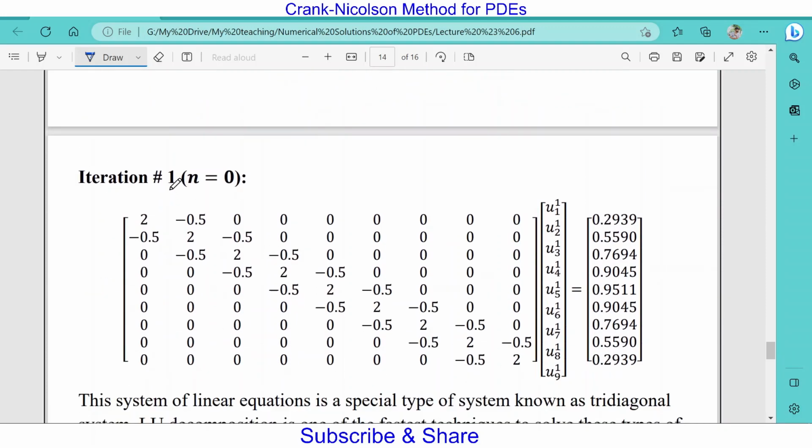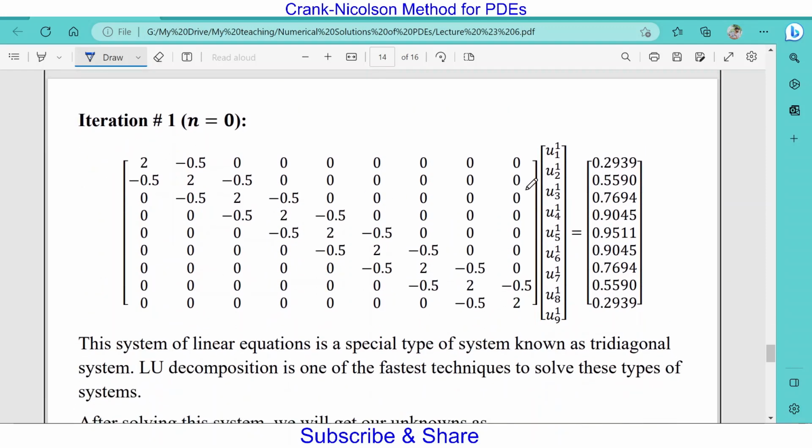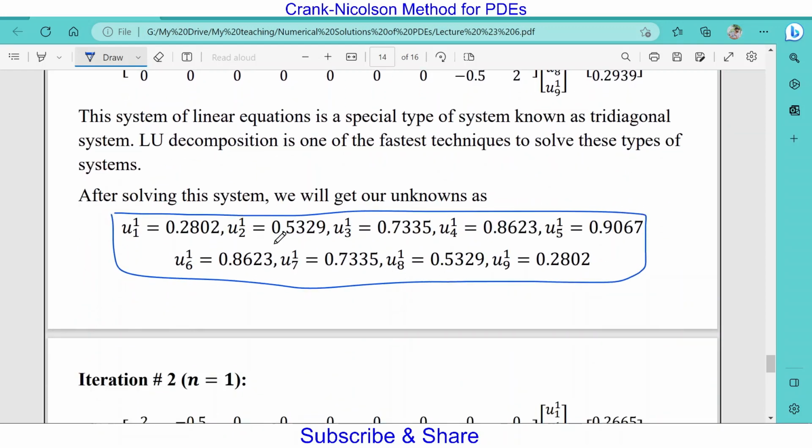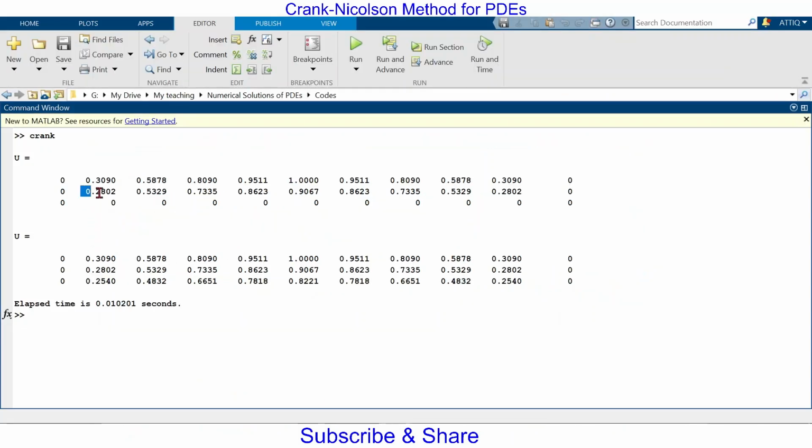If we are performing the first iteration, this is basically what we are solving. On the right hand side, these values came as a result of initial conditions. This source vector, which we are solving with this vector. So a backslash w is giving us these results. And if you want to match these results, you can compare them from here.